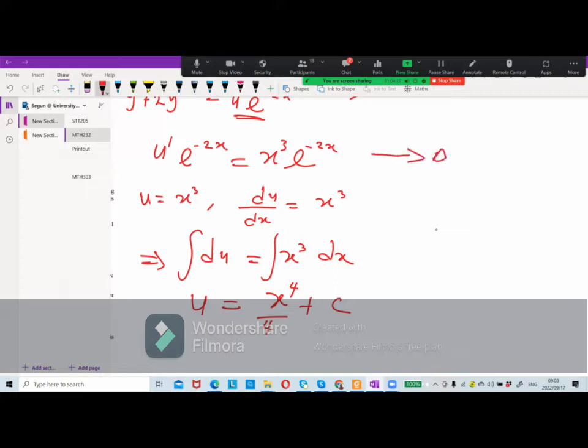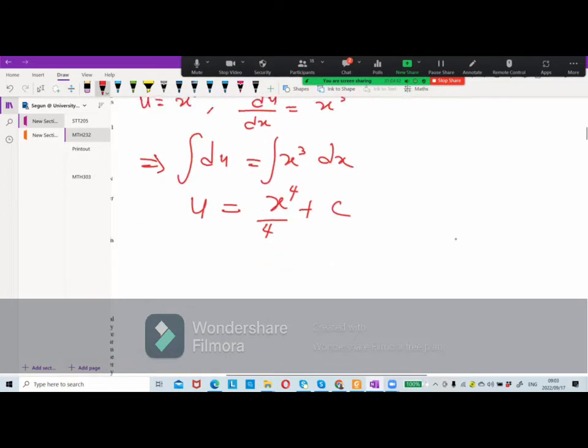Let's call this one equation triangle. Now, remember, we are working towards a particular goal from here. Now that we know our u, I can go back and substitute my u into my value.